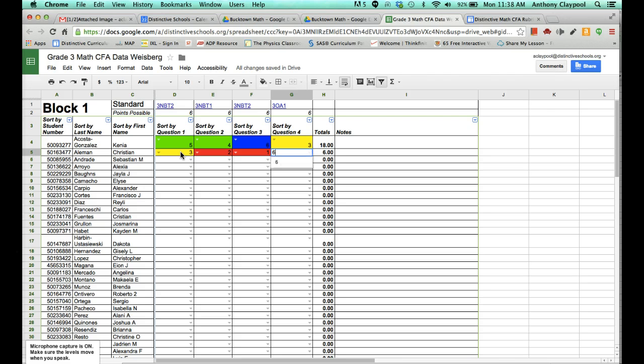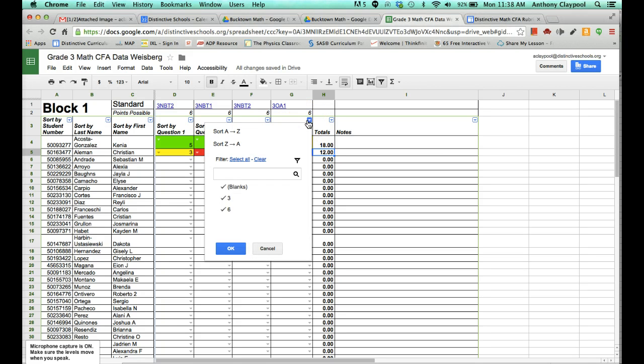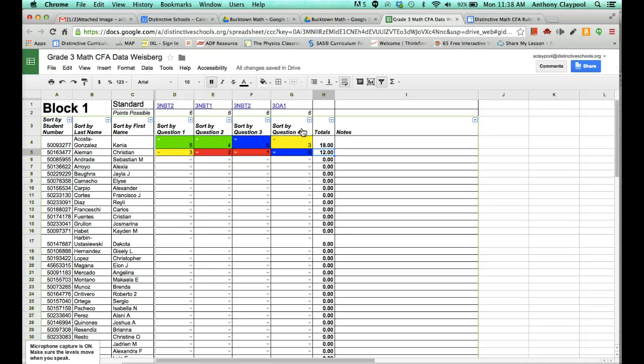So what you could do is, let's say the whole class struggled with one particular question, and you want to see where the students could be grouped for some small group reassessment. You can simply click on one of these drop-down bars, and it'll automatically sort the whole field based on student performance on that particular aspect.